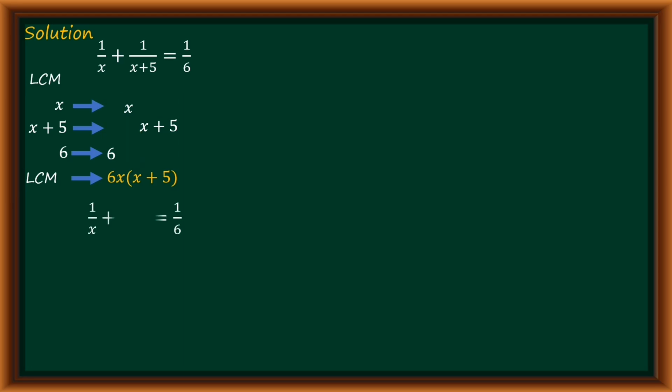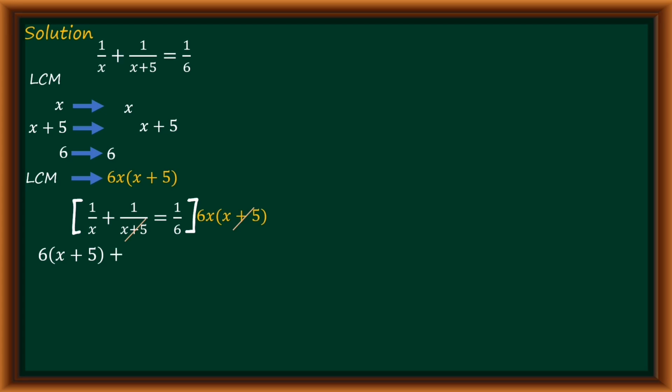Next, we need to multiply the whole equation by the LCM 6x times the quantity x plus 5. If we're going to multiply our LCM to the first fraction 1 over x, x is eliminated. So it will give us 6 times the quantity x plus 5 plus. On the second fraction, x plus 5 is eliminated.